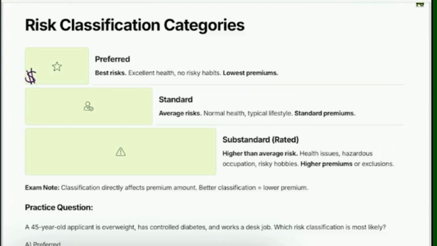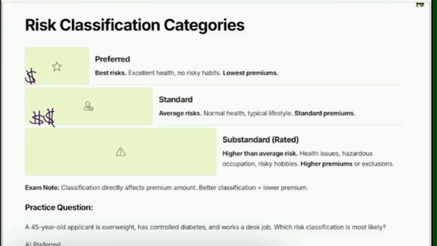So preferred is harder to qualify for. Standard is average. These dollar amounts are not real, right? Because I don't mean that it's only going to be $5 if you're preferred or in the double digits for this. It's just for a representation. Depends on what policy you're getting, for how long, for how much, whatnot. Policies can be $10 a month. Policies can be thousands and thousands of dollars a month.